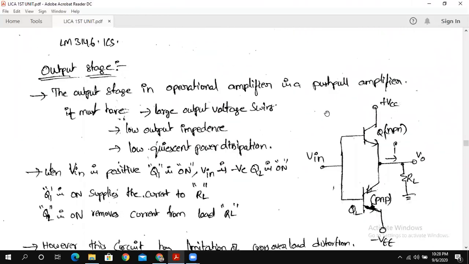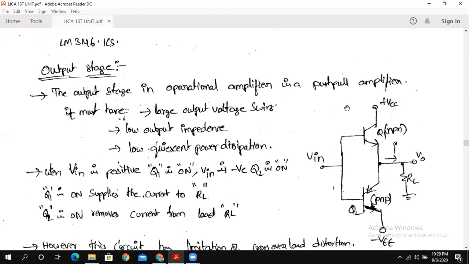Now we are going to discuss the last stage in an operational amplifier, that is the push-pull amplifier. Now you can see here the output stage. The output stage in an operational amplifier is a push-pull amplifier.